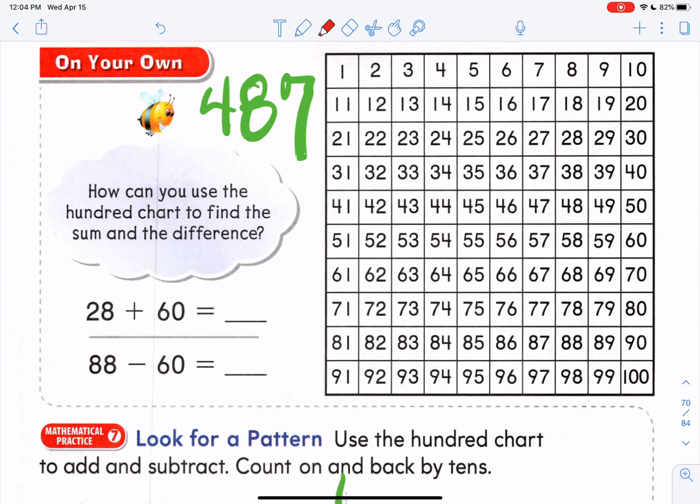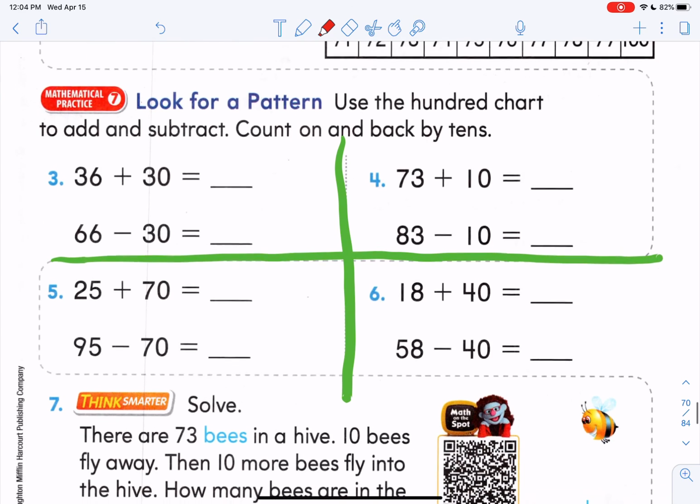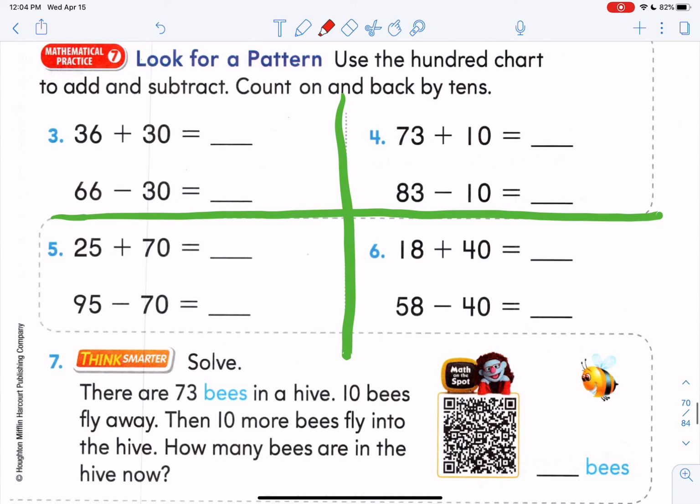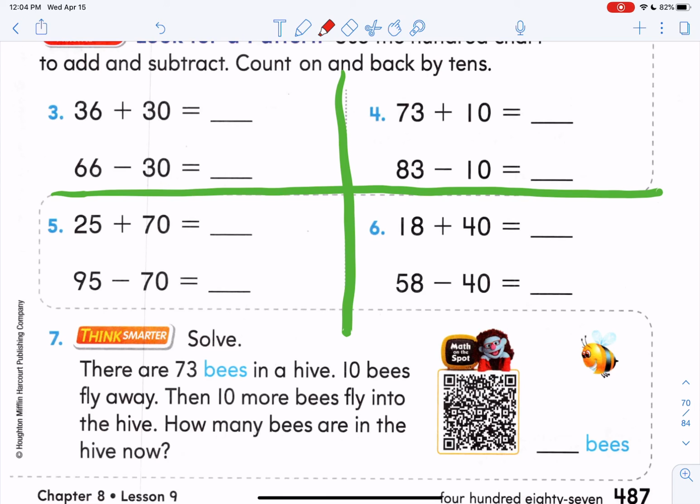And again, you're going to solve these problems using the hundreds chart. We've got a lot of problems here for you to work on. And then at the bottom, we have our math on the spot problem, which I will read to you. It says, solve. There are 73 bees in a hive. 10 bees fly away.